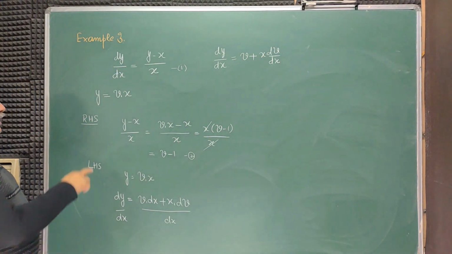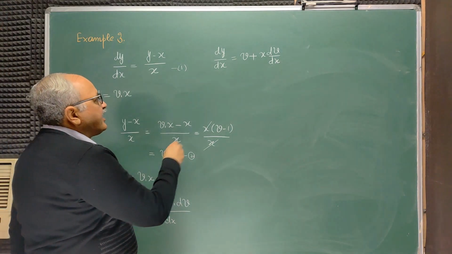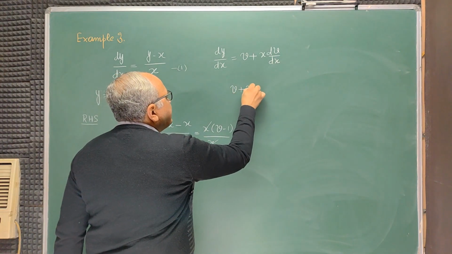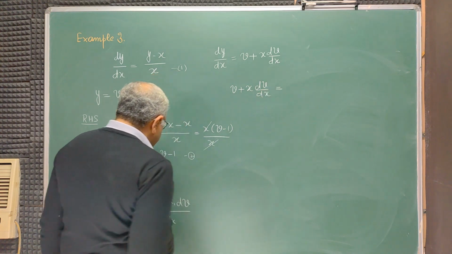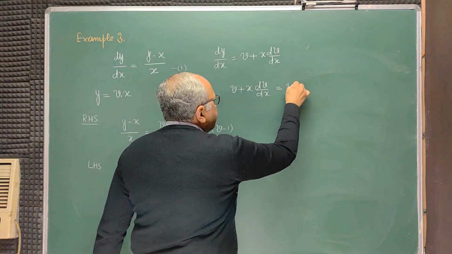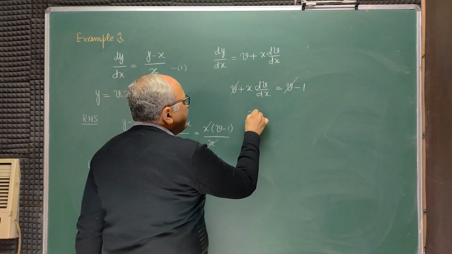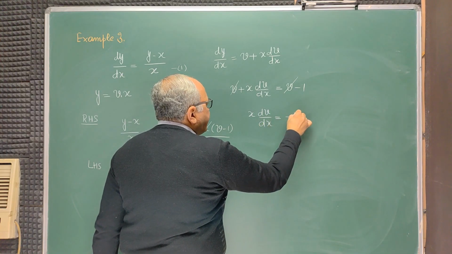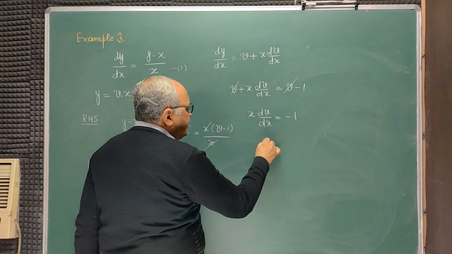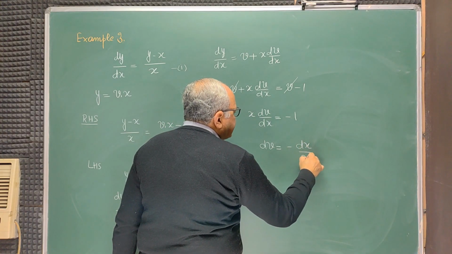So now, combining the right and left hand side, we have v plus x dv by dx equals v minus 1. So v is out of the scene, and we have x dv by dx equals minus 1, or we can write dv equals minus dx by x.